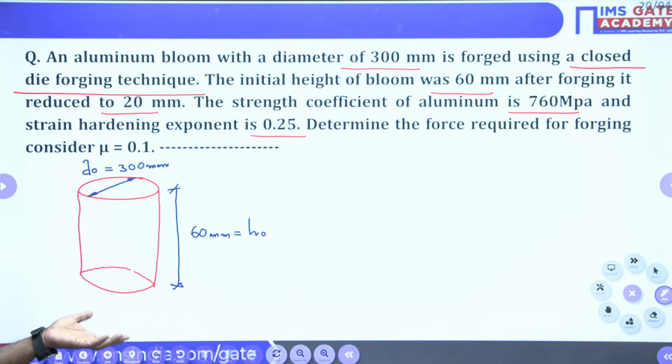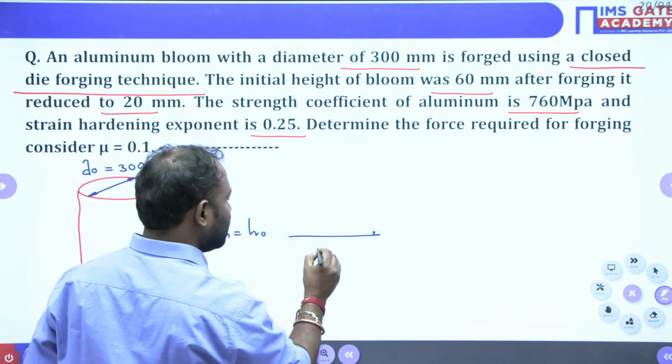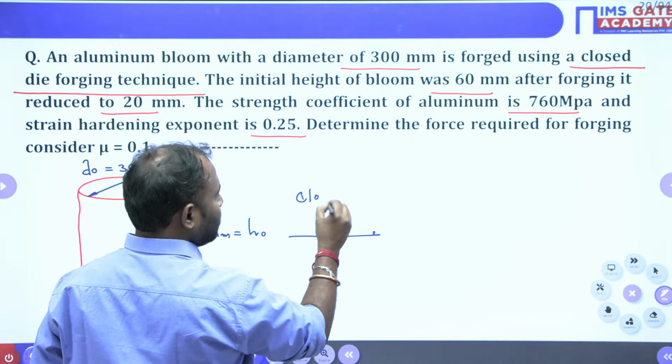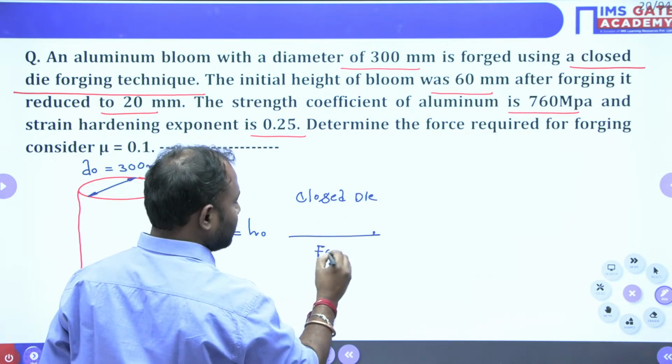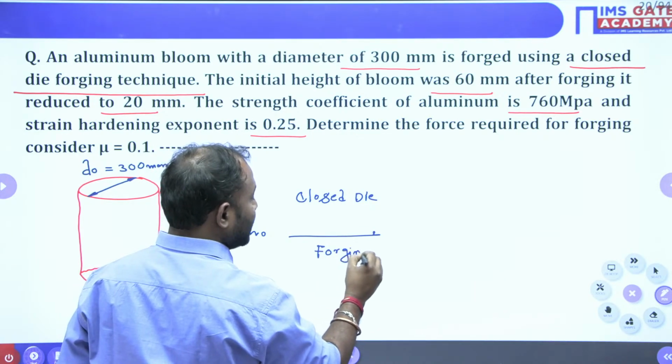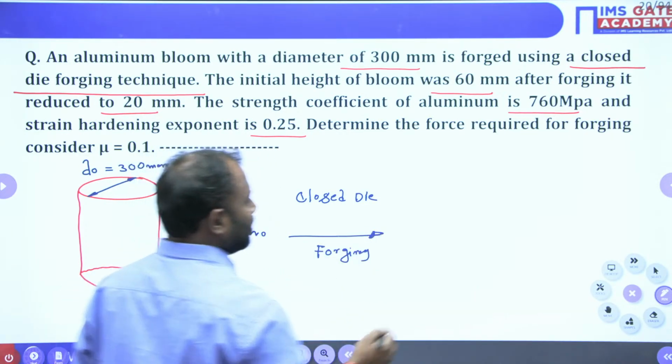So this is going to be a forging technique applied, through a forging operation, closed die forging. Now what happened?